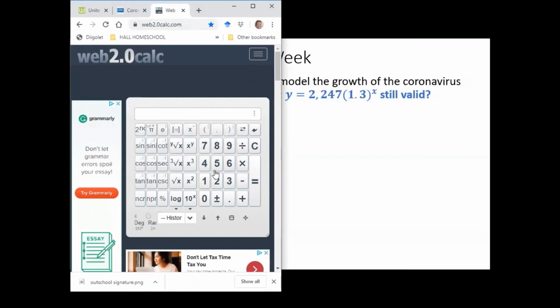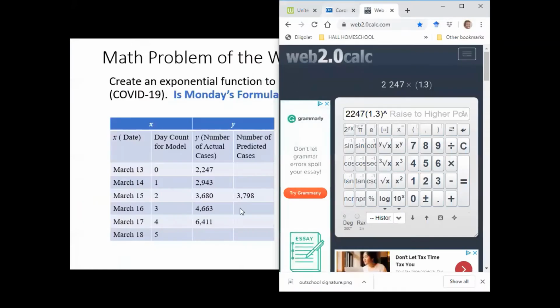So what I'm going to do here is put in the initial value, 2,247, parentheses, 1.3, close parentheses. This is how I get my exponent. I'm trying to see if it's still valid. Let's see what the predicted cases would be. I would do it to the third power to figure out how many we predicted would be on March 16th.